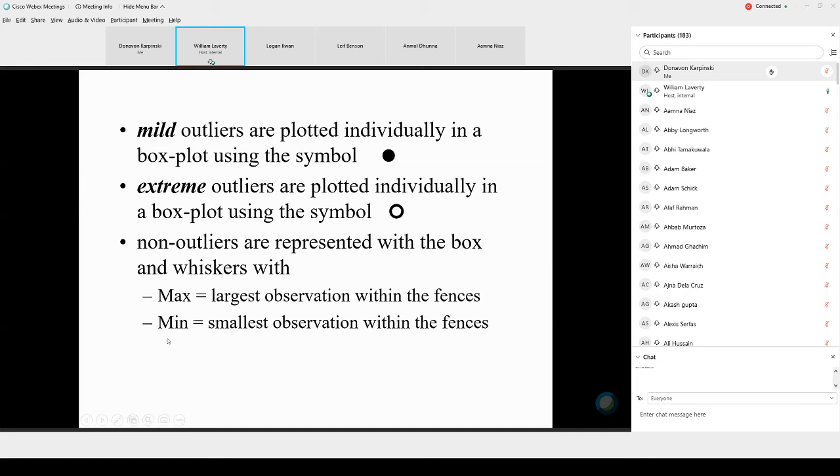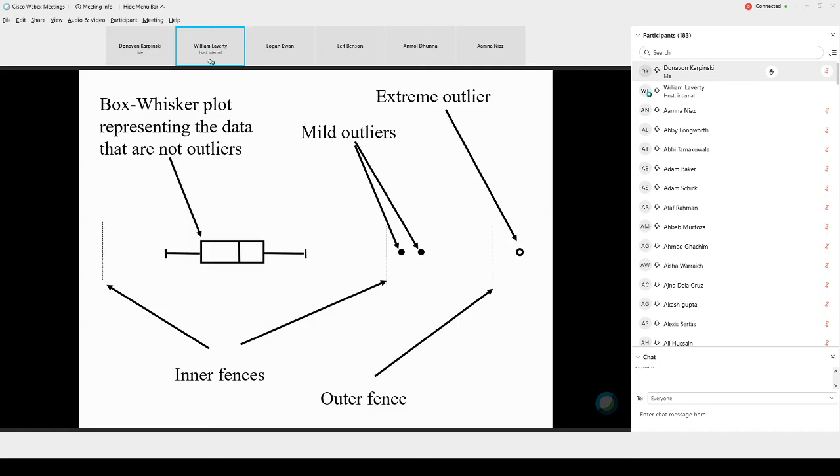Max is the largest observation within the fences. Minimum is the smallest observation within the fences. So this is what a box whisker plot looks like when you plot outliers.